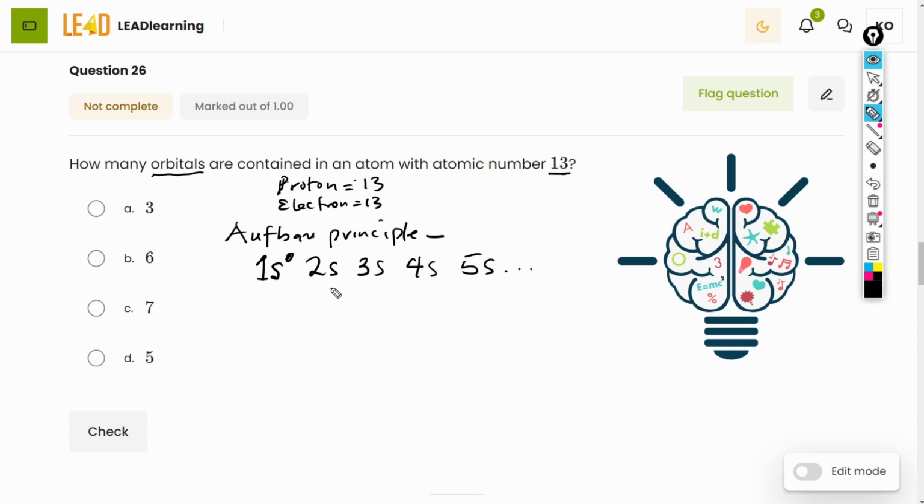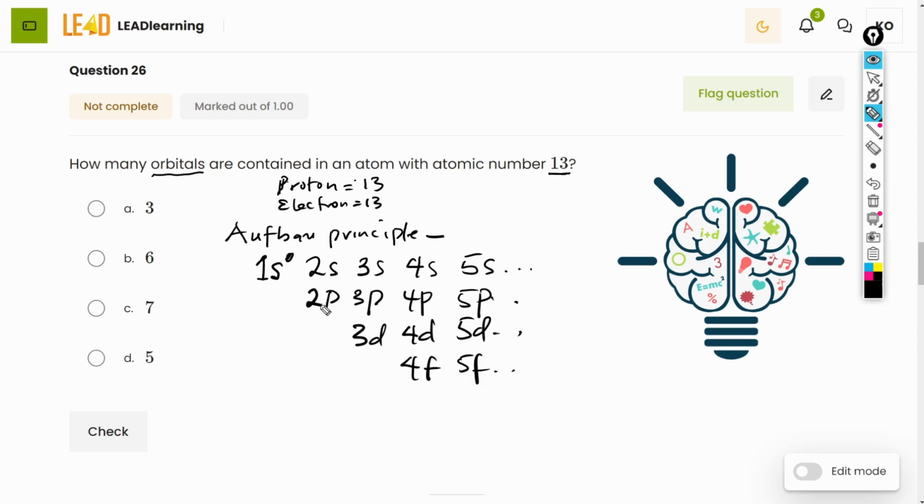So let's write the Aufbau's formula. So let me stop at 5. And then the next will be the p orbital. And the d orbital, and then the f orbital.